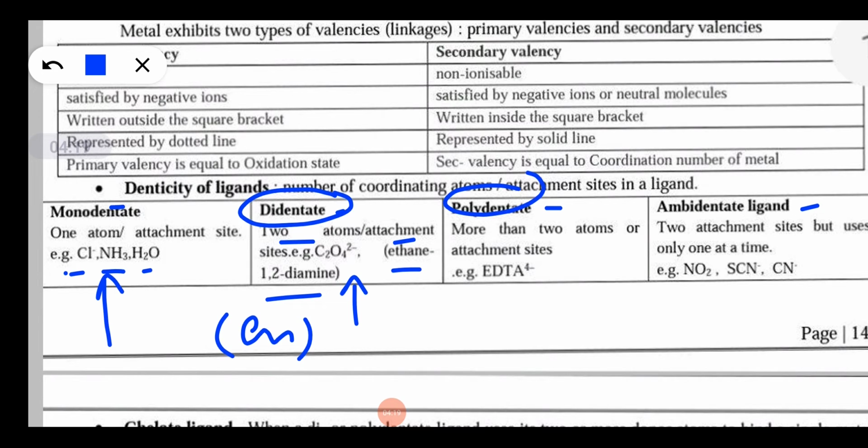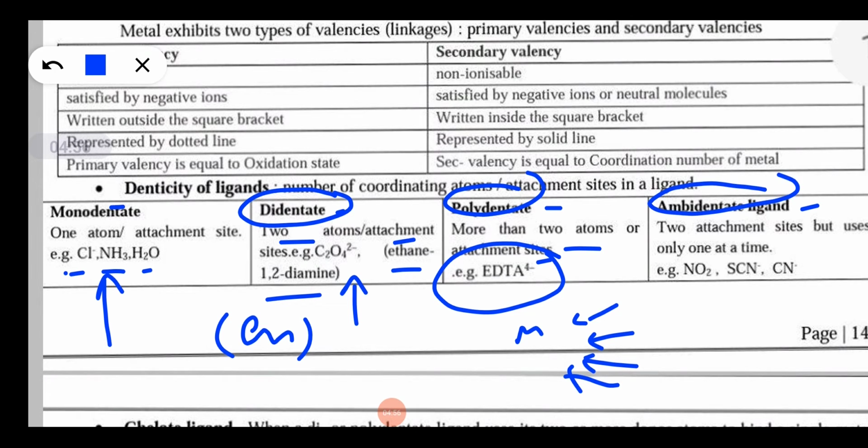Polydentate ligand: if the ligand is able to form two or more bonds with the central metal ion, that is called a polydentate ligand. EDTA 4 negative is a ligand, ethane-1,2-diamine tetraacetate, so it can form four bonds with the central metal ion, so it is a polydentate ligand.